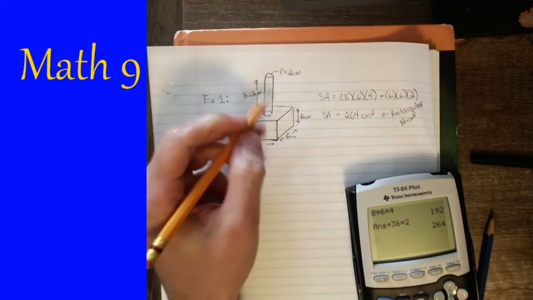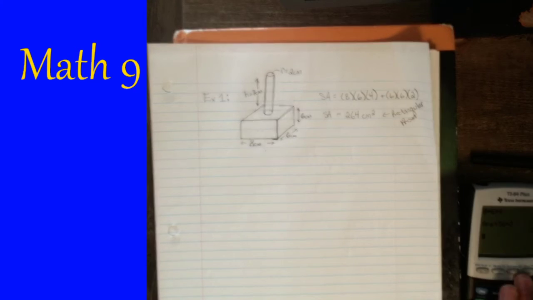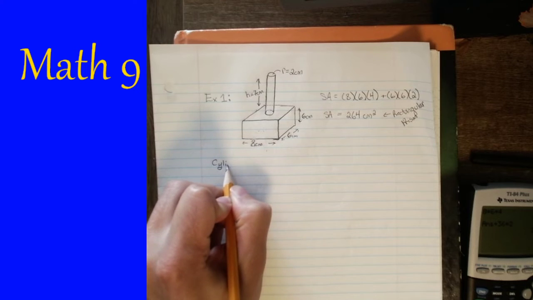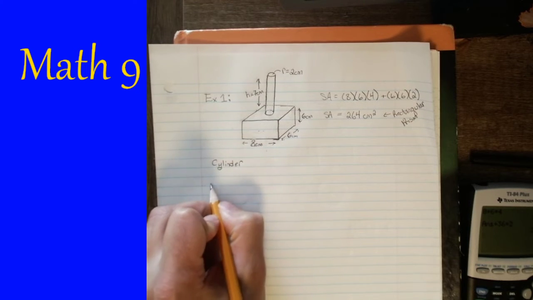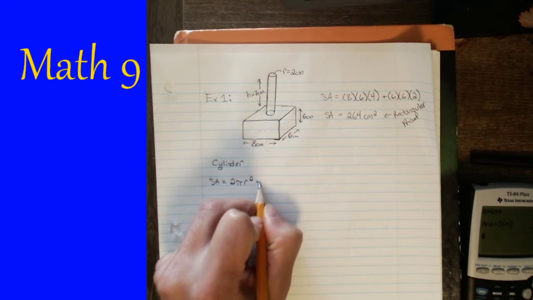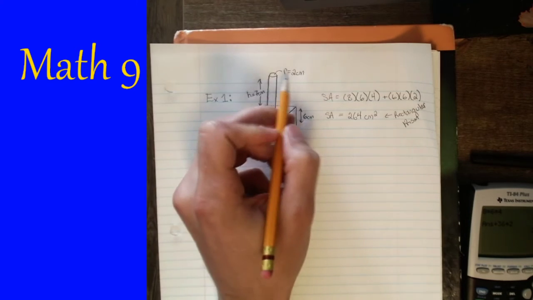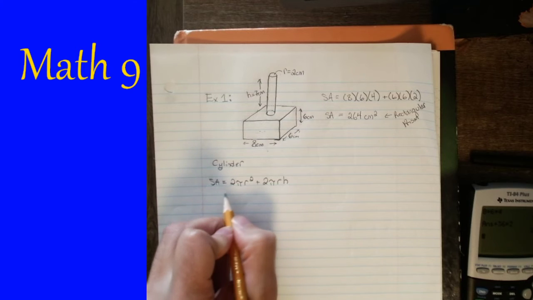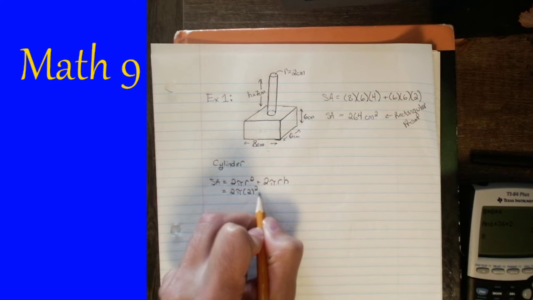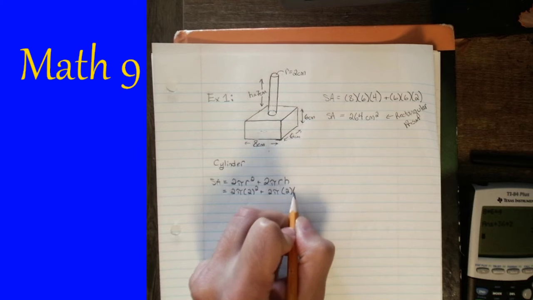Next up, we'll calculate the surface area of the cylinder. So the cylinder surface area is equal to 2 pi r squared plus 2 pi rh. Now since the radius is 2 centimeters, we'll plug that value in, 2 pi times 2 squared plus 2 pi multiplied by 2 multiplied by the height, which is 7.